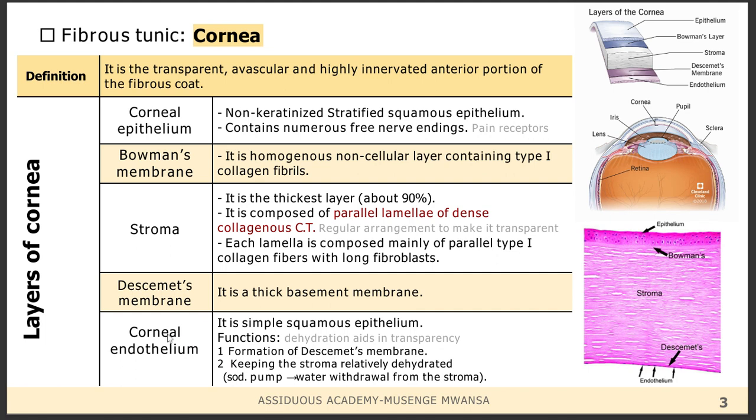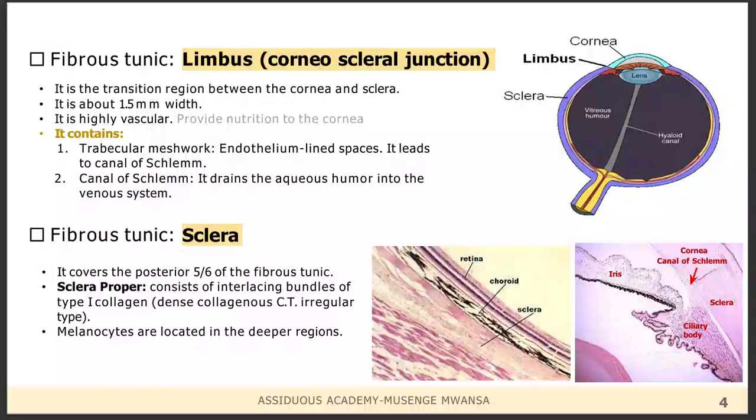The corneal endothelium, remember we are saying that it keeps the stroma relatively dehydrated. Because of these sodium pumps, when you are removing sodium from the stroma, where sodium goes, that is where water also goes. So you are going to be pulling the water away, and that dehydration is what makes this cornea to be transparent. You can see through it.